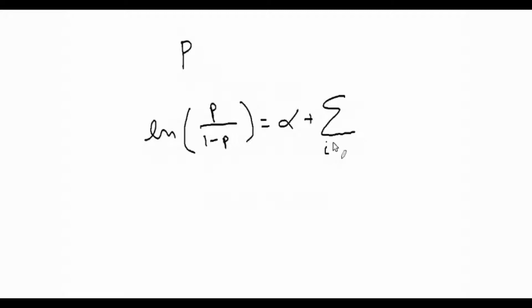That form would be the natural log of P over 1 minus P is equal to alpha plus the sum from i equals 1 to n of beta sub i, x sub i, and n is the number of predictors, and the predictor variables are x sub i, and so there's some coefficients beta sub i and a constant alpha in the model.